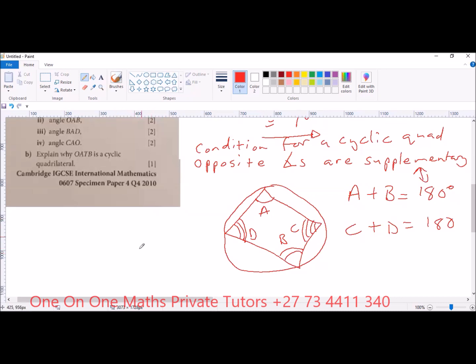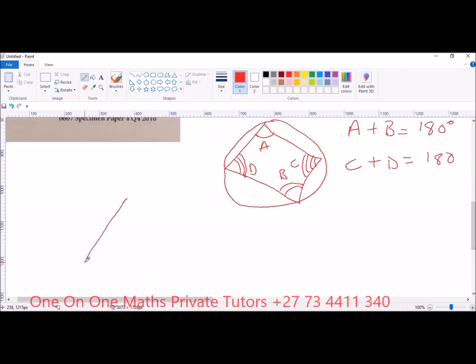Another way of expressing the same thing: if we have a quadrilateral and we extend this side, the condition for it to be cyclic is that the exterior angle is equal to the interior opposite angle.